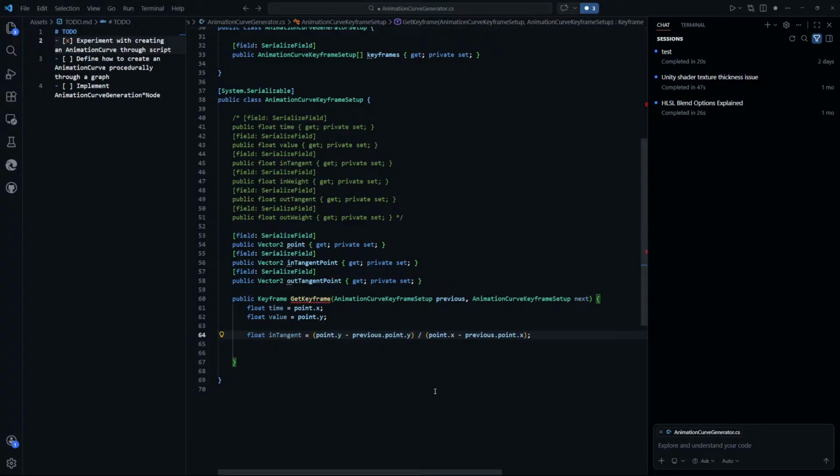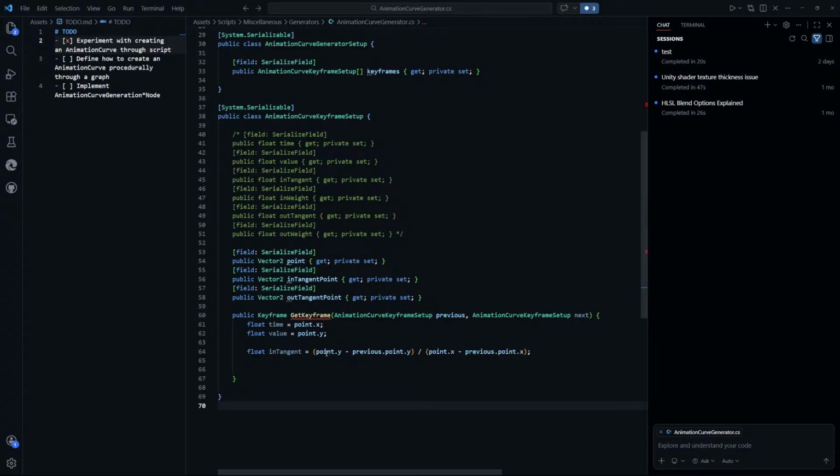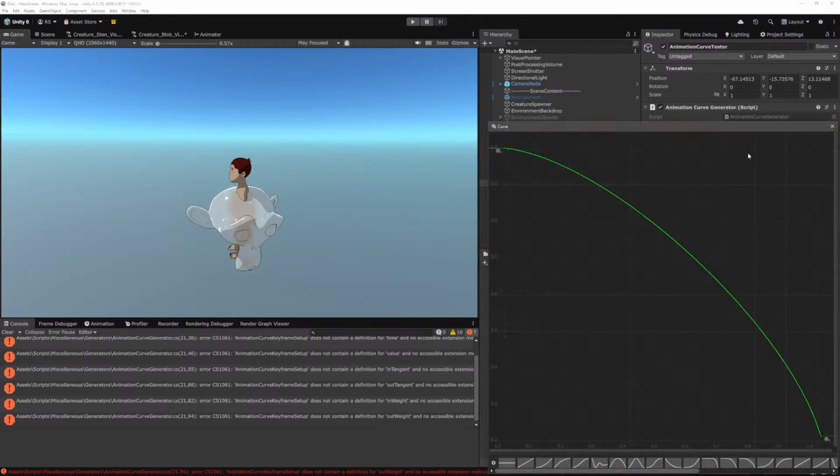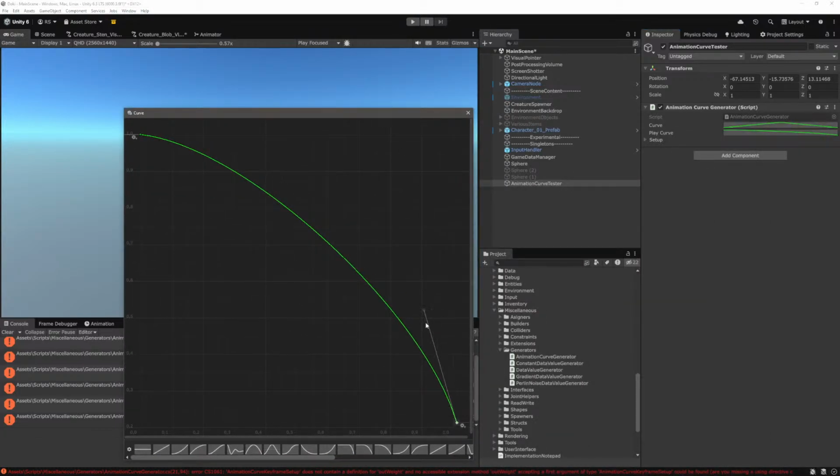But we just need to change. Let's see here. Intangent. This is negative as well.